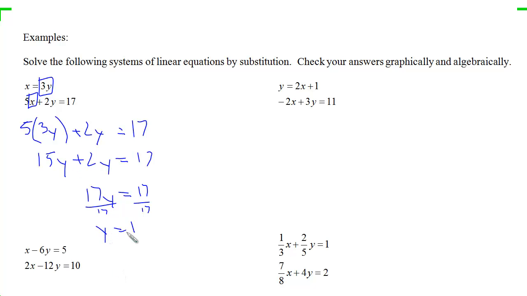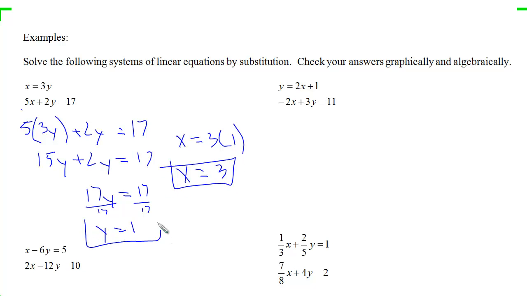And y is 1. Once I have the y, I'll go ahead and plug it back in. Here obviously is the easiest one. 3 times 1 is 3, so x equals 3. So that should be my coordinate, 3, 1.